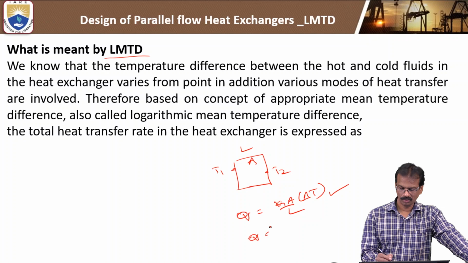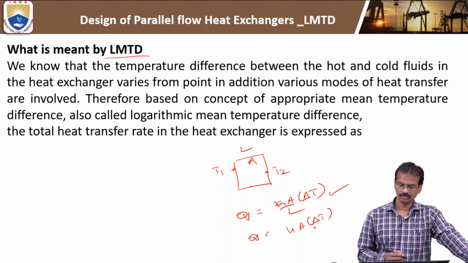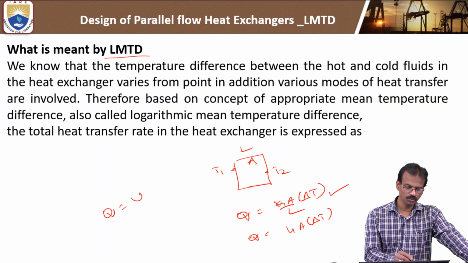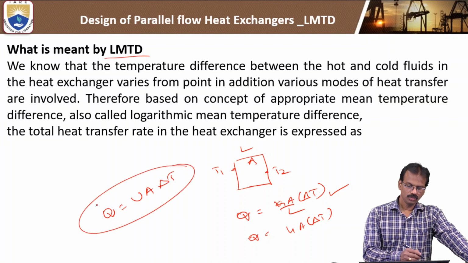For convection, it is hA delta T. If you consider more layers, then the formula is UA delta T. So delta T is the temperature difference.